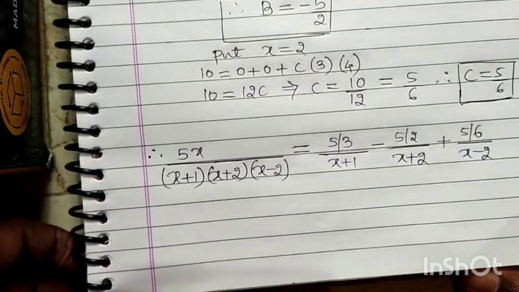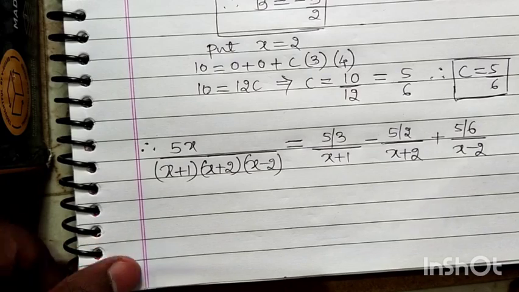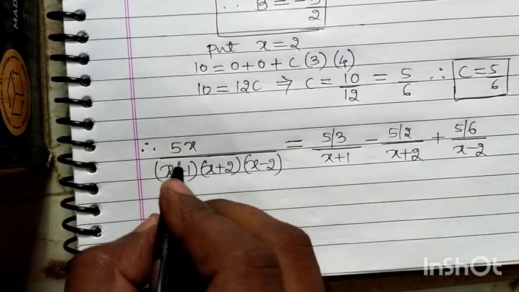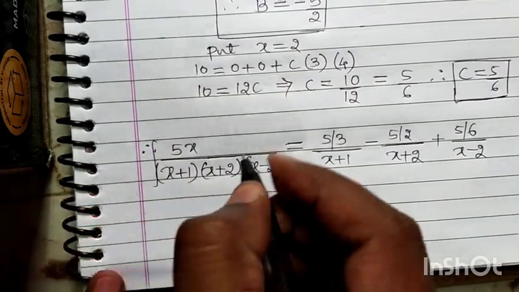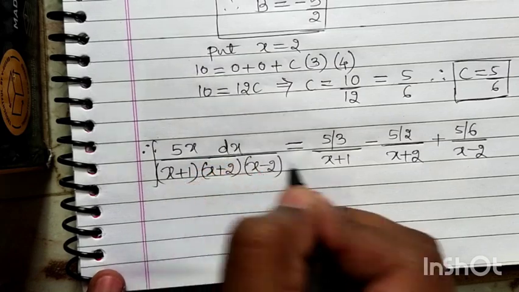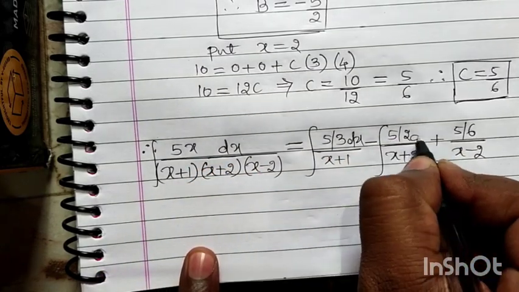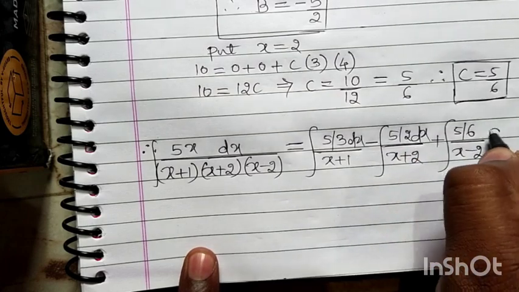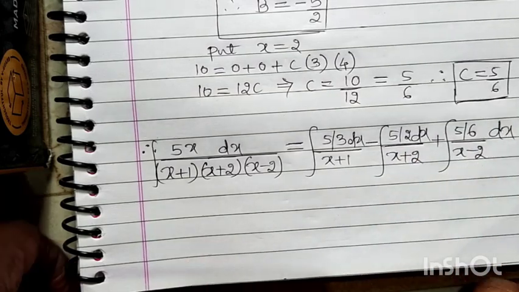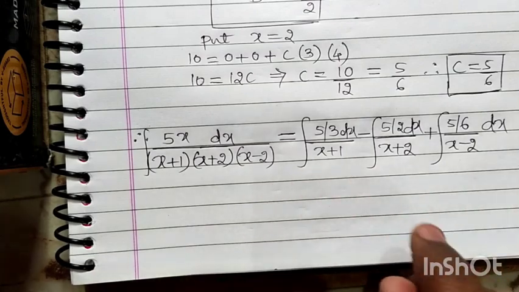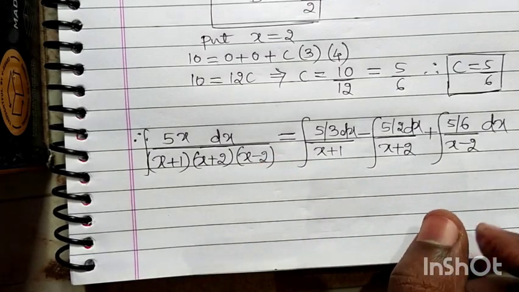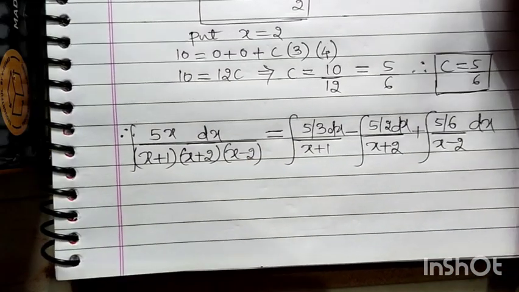So now we will have to integrate both the sides with respect to x. I write the integral sign with dx for each term, so I am writing the values of A, B, C and at the same time integrating with respect to x.